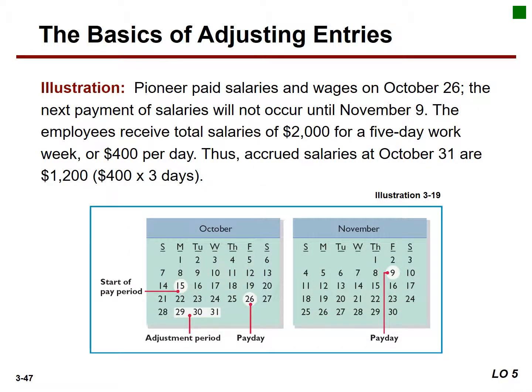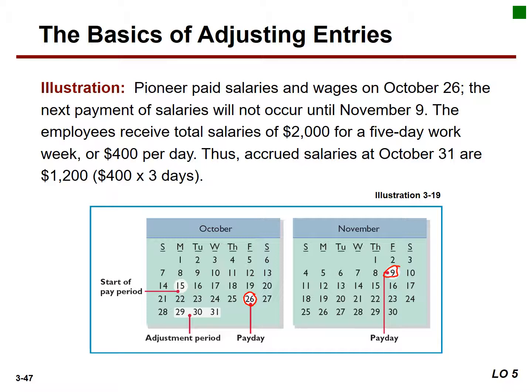Okay, another common adjusting entry related to an accrued expense is for salary and wages. In our example, it tells us that Pioneer has paid the salary and wages for their employees on October the 26th. So they apparently pay their employees on a bi-weekly basis. So every 2 weeks they pay their employees. The next payroll is going to be 2 weeks later, on November the 9th.